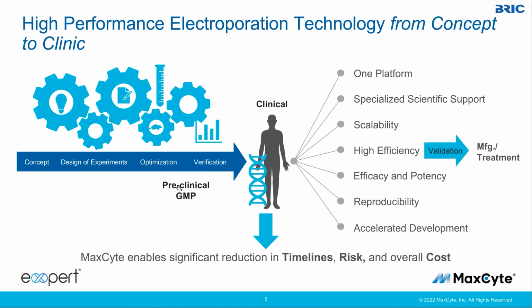What happens is a lot of customers will do this using a platform that isn't scalable or translatable in the clinic, and that leads to a lot of risk and delayed timelines, which overall can cost customers going forward, because it's all about speed. So with the MaxCyte platform, you can go from concept all the way to manufacturing.